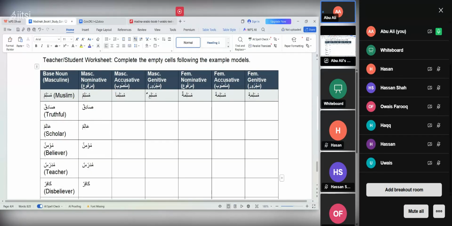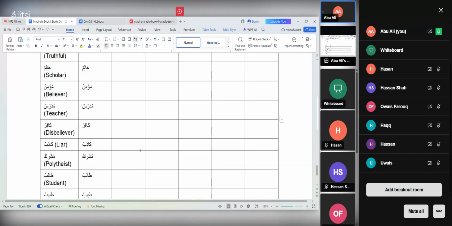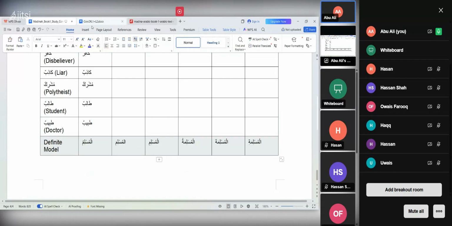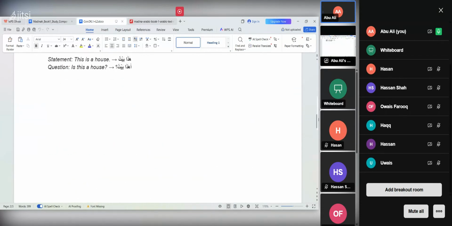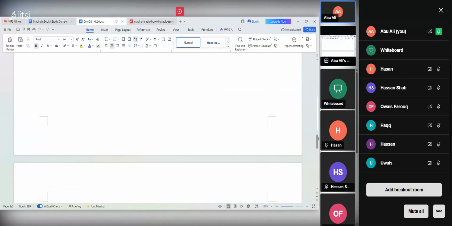The three different types of harakat with their tanween in the masculine form. Then Muslimatun, Muslimatan, Muslimatin. The three different types of harakat with their feminine form. Do the same for these things. Okay, brother? Okay. We're gonna take until page 2.